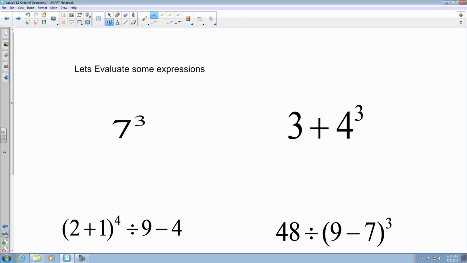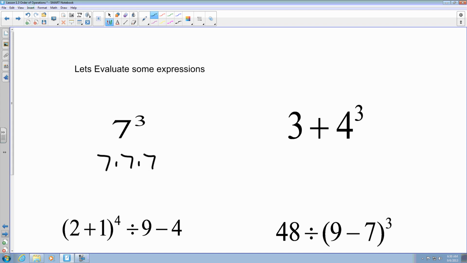So now what we're going to do is just do some more examples and keep order of operation in mind. Right now I just have 7 to the third power. That's pretty simple. That's kind of what we worked on in section 1.2. We're just going to solve it as 7 times 7 times 7.